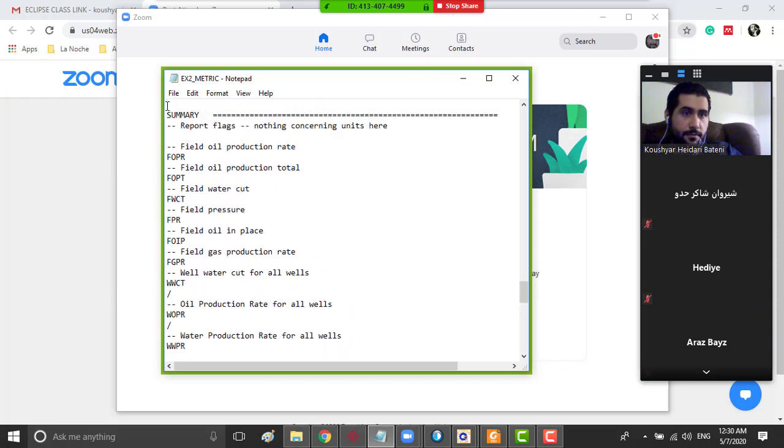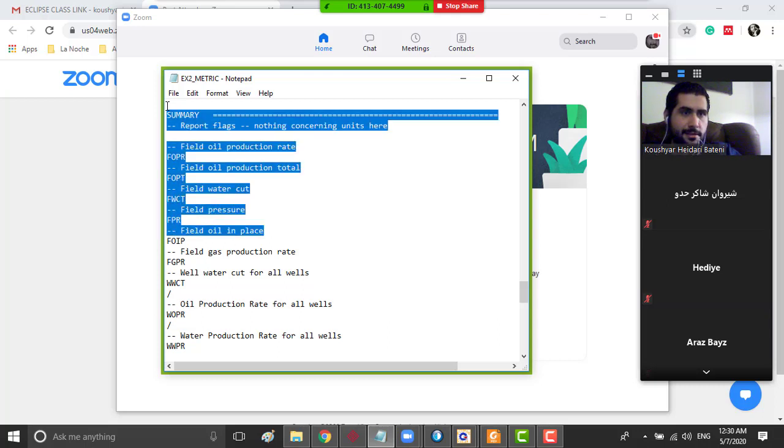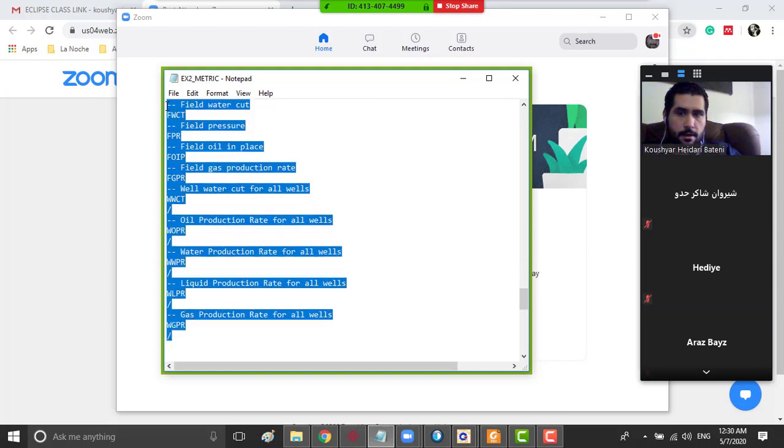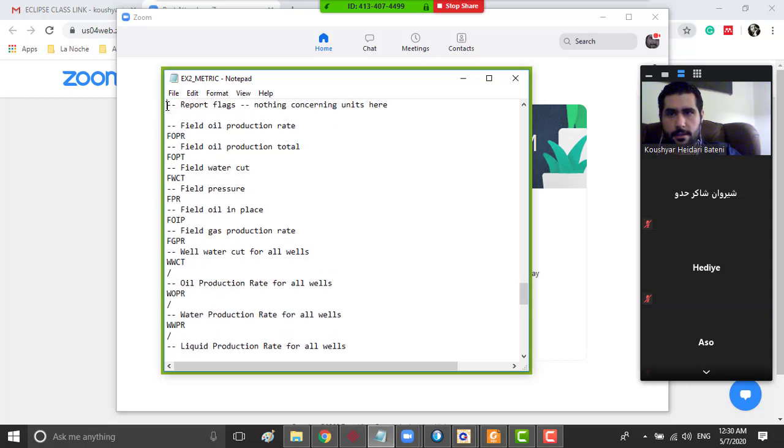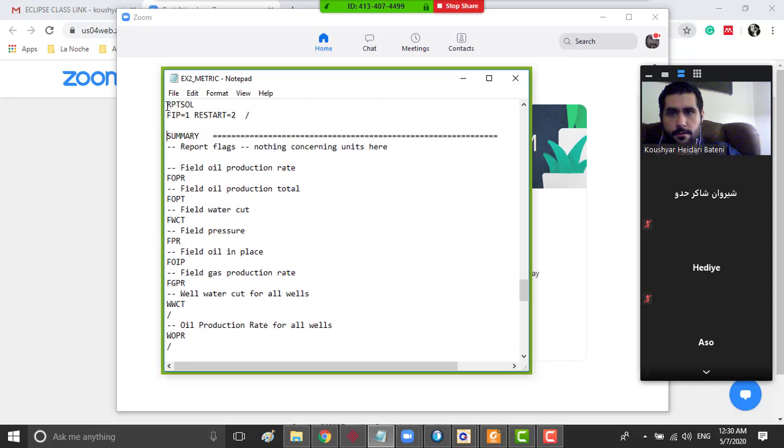Those keywords come from the summary part of your data file. Now, there are lots of other keywords that you can use in the summary, and when you go to the reference manual, there's a complete list of the keywords that you can use in the summary section of your data file, and you can get full acquaintance with these keywords over there.